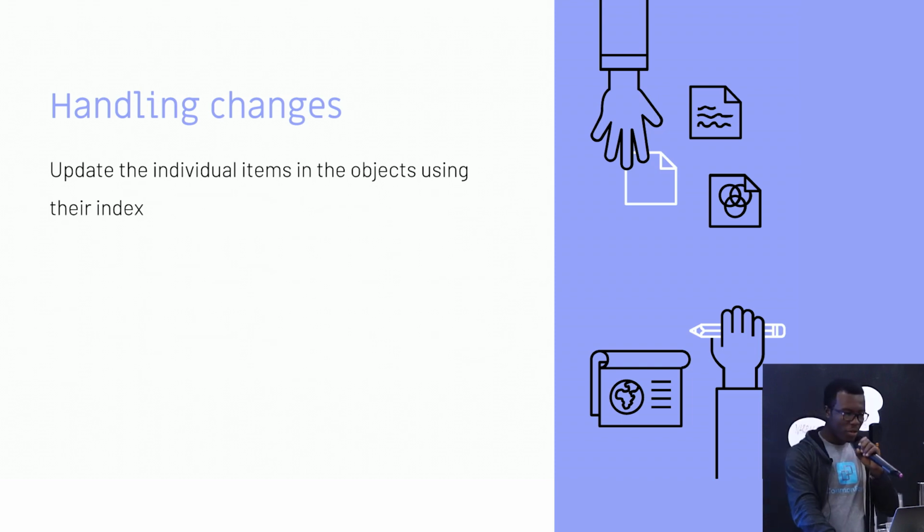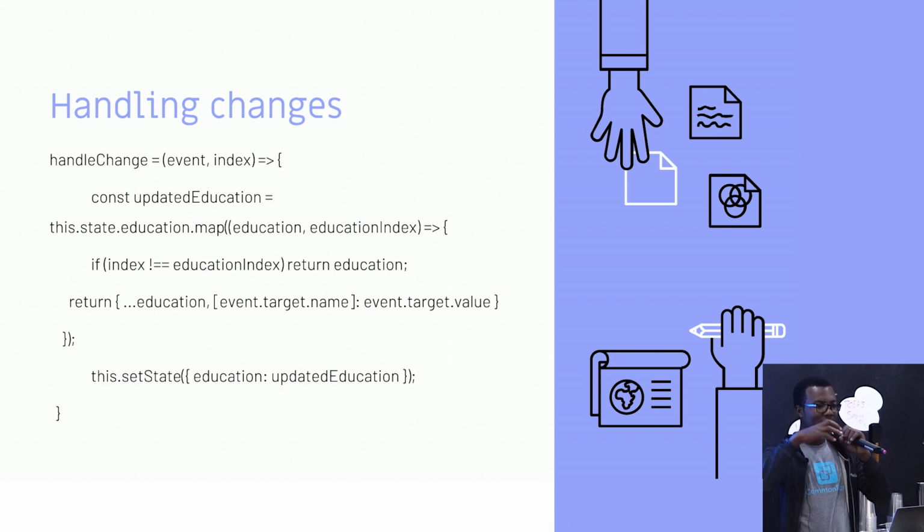All right, now another thing is when you want to handle changes. Being that this is now an array of objects, say you have like 3 schools, and I need to update the first or the second one out of the whole input elements. We use the filter here. So you go through the whole array, each of the objects, and check for the current index that the user is on.